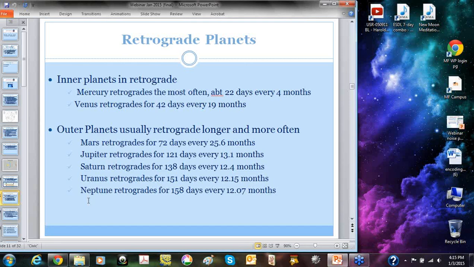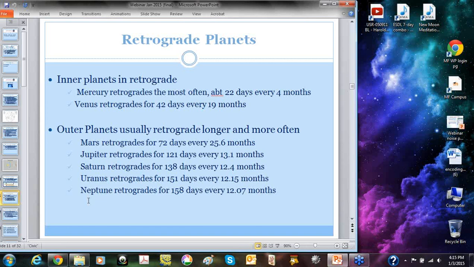The two planets retrograding the least, Venus and Mars, are also part of our very important personal arsenal. Venus retrogrades happen about once every year and a half for about 6 weeks. Mars retrogrades a little more than every 2 years for about 10 weeks. So natally, these are going to be uncommon occurrences.